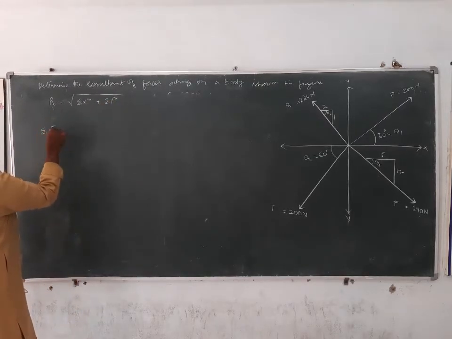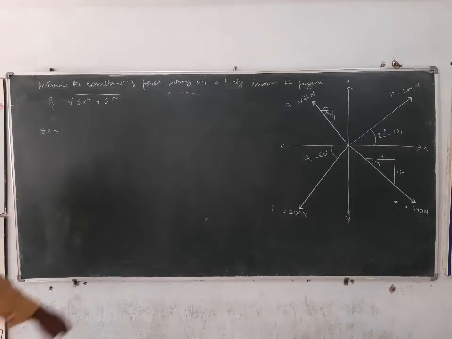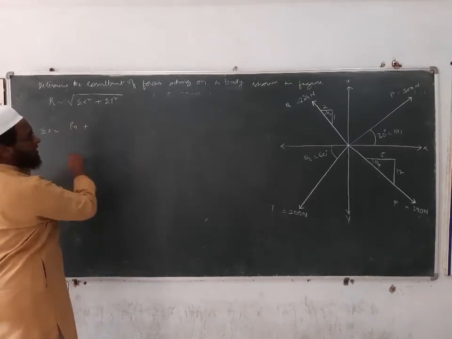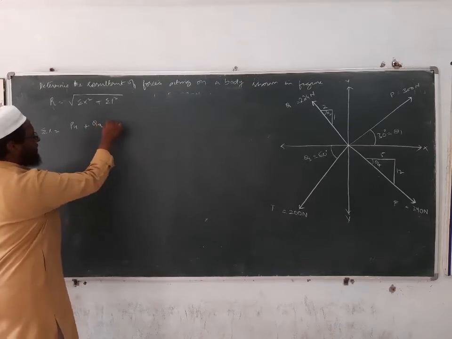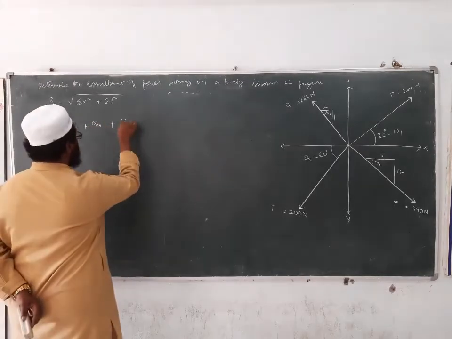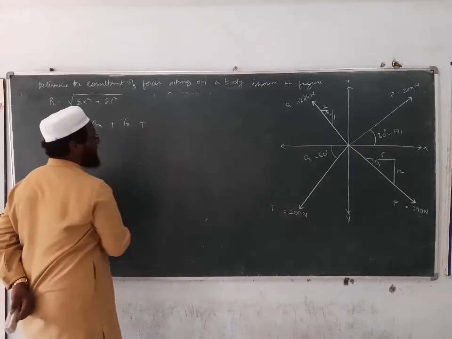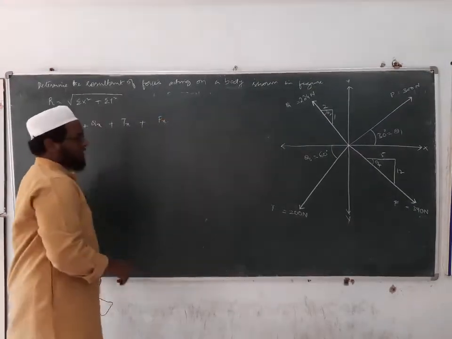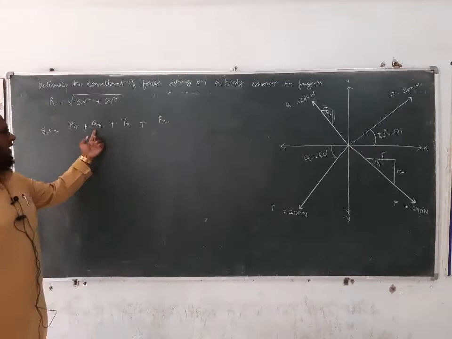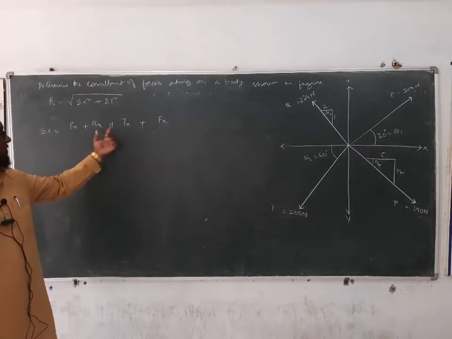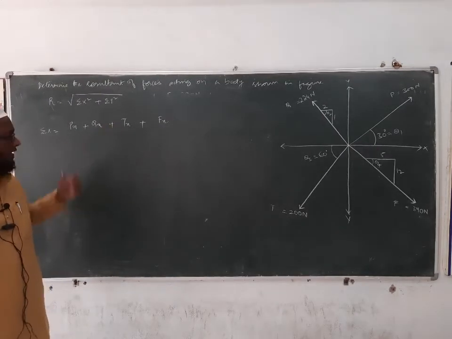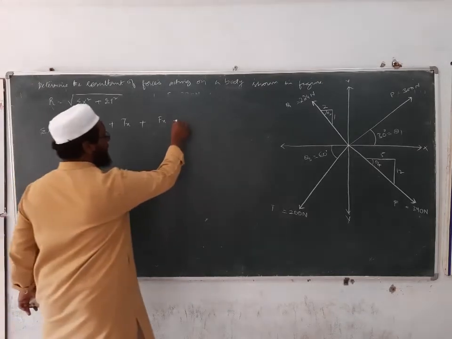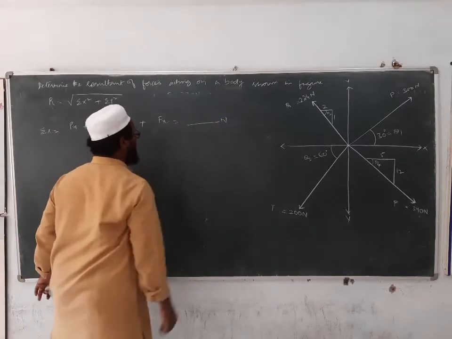Sigma x is equal to Px plus Qx plus Tx plus Fx. Some of these values will be negative, so whatever signs you have, you have to put them. So you will get the value in newtons.